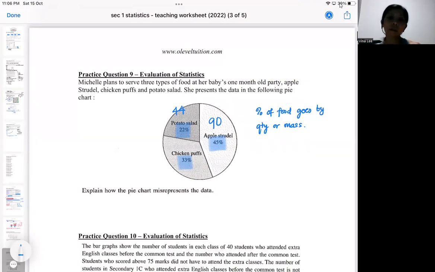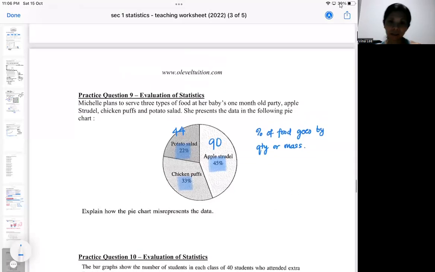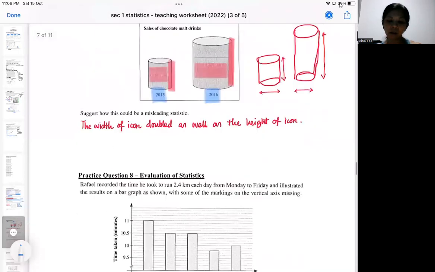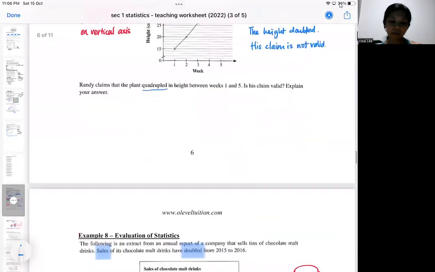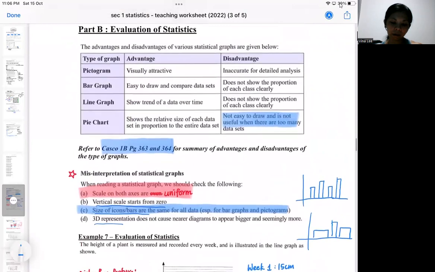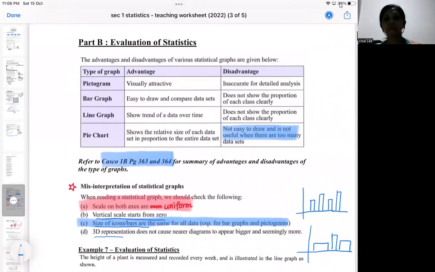When you answer this type of question, you got to answer it in terms of the context. Just be flexible. You can add in any logical things, but these are the main guidelines. Even when you go to Sec 2, the statistical graphs in Sec 2, we also go by this kind of basic guideline.